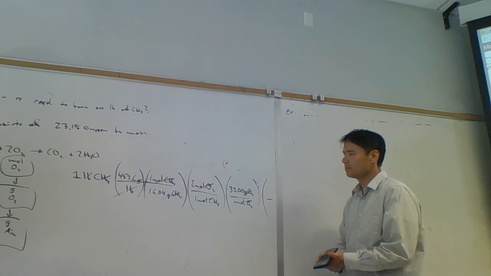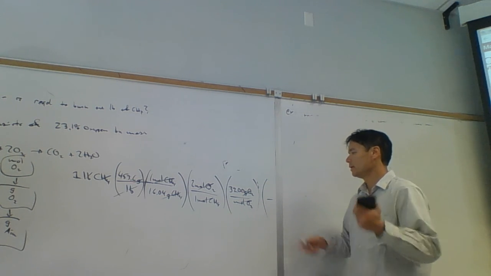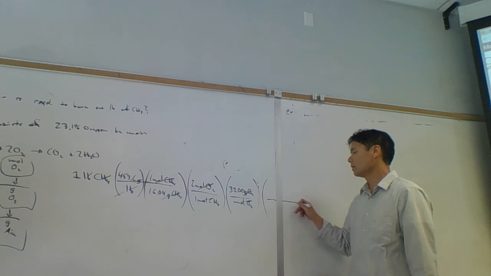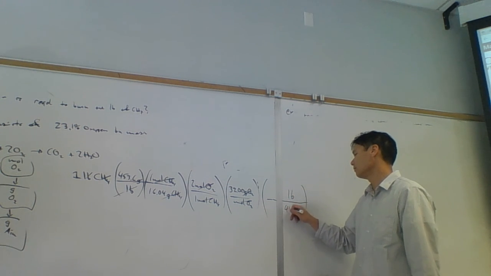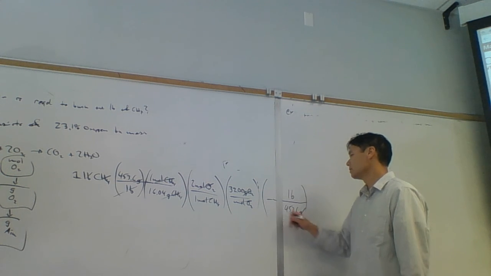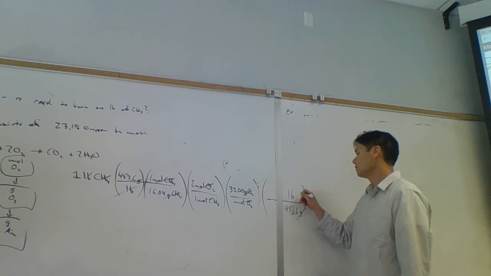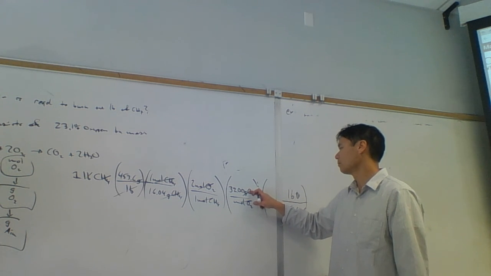Normally we stop at grams because most people work with grams, but now we're working in pounds. And so I'm going to add one more thing here. I'm going to go from grams to pounds. And so 1 pound is equivalent to 453.6 grams. So the grams cancel. And what this is going to give me is pounds of O2.